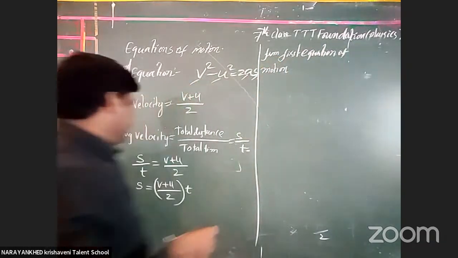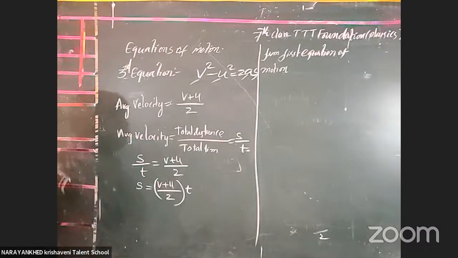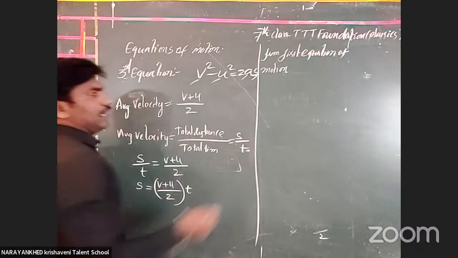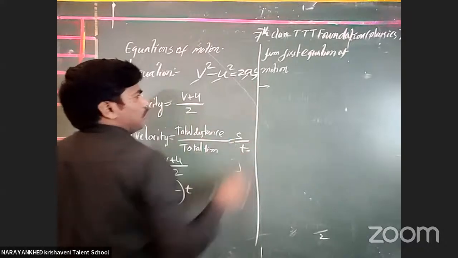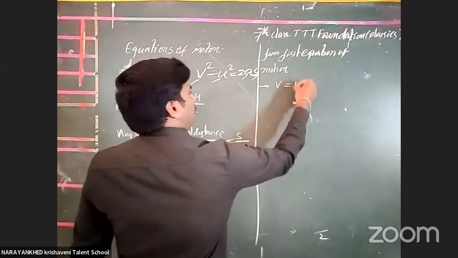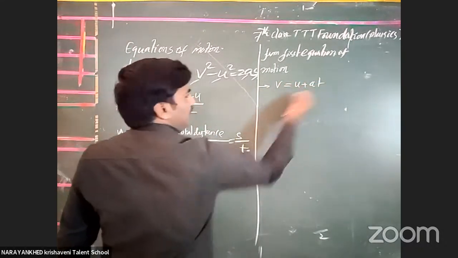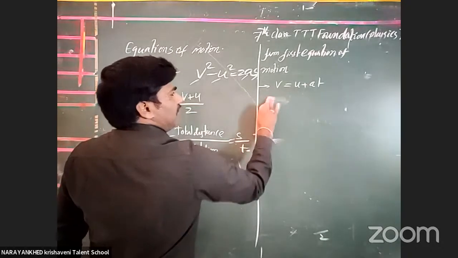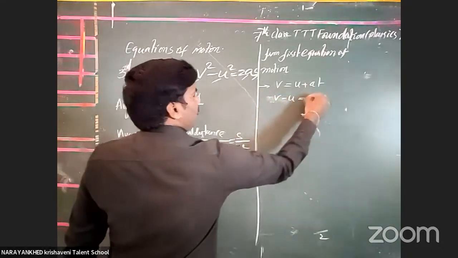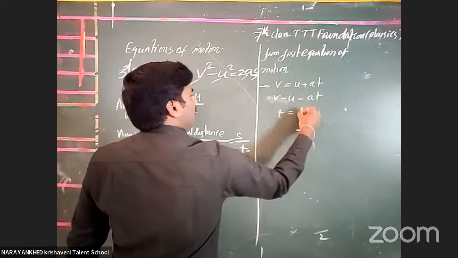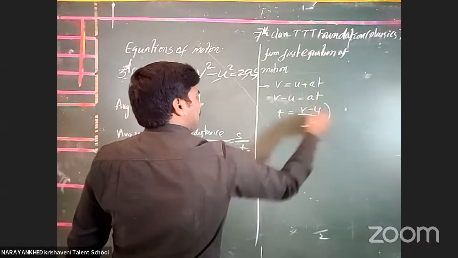What will we get here from the first equation of motion? It will be written as V is equal to U plus AT. And then from this, V minus U is equal to AT, so T is equal to V minus U by A. Written or not?